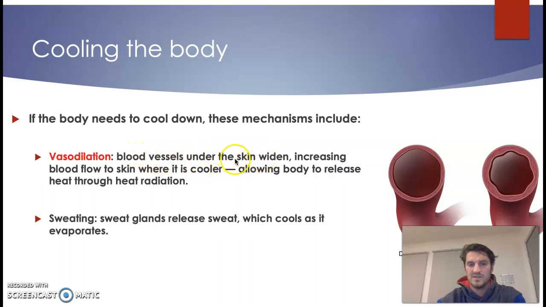So the blood vessels that are under the skin, okay, they widen, as you can see from the picture here, and that increases the blood flow to the skin where it's cooler and allows the body to release heat through radiation. So this is nothing to do with sweat, it's just that the blood vessels closer to the skin, okay, they're going to release heat via radiation. So that's one way we cool the body.